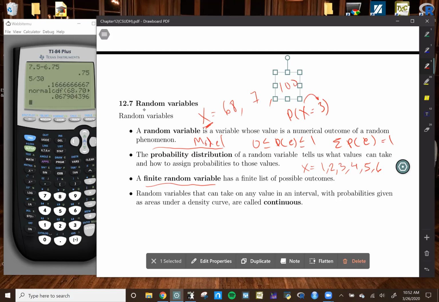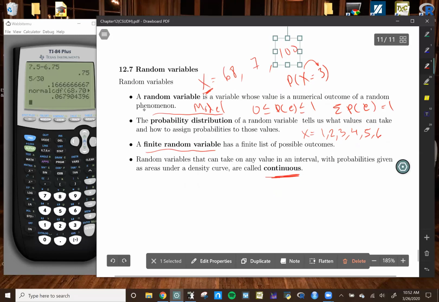Something that's not finite is a continuous data set, because continuous just means there are infinitely many options or outcomes. So if I ask you how many outcomes are there from 1 to 2, if we're counting decimals, you're going to have infinitely many answers. Because from 1 to 2, I could go 1.1, 1.2, 1.3.